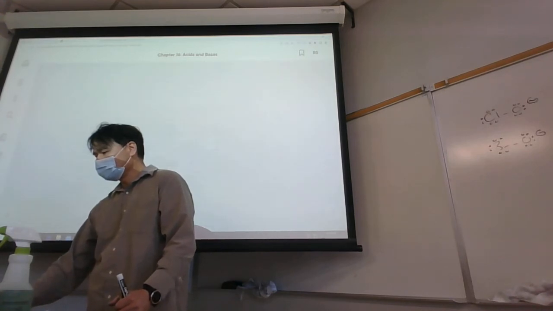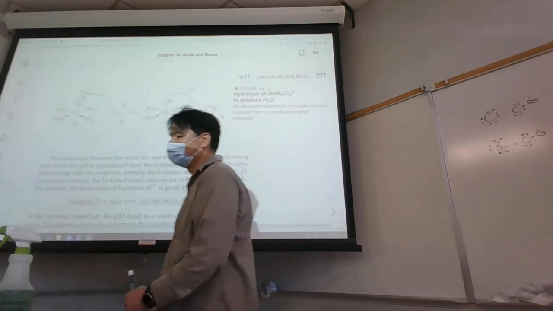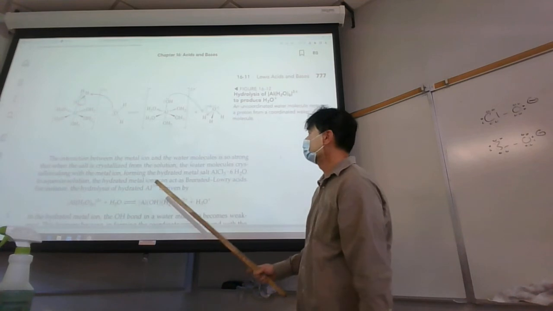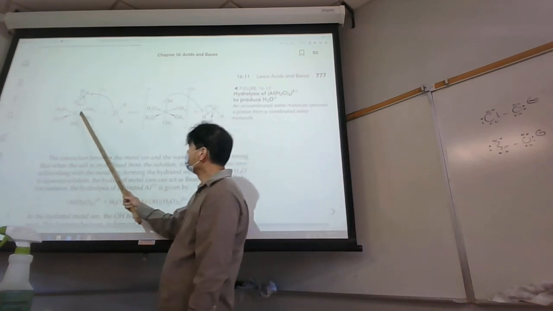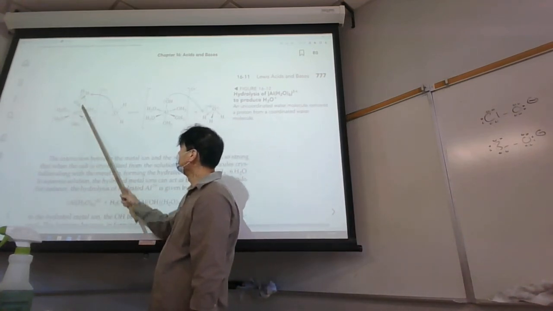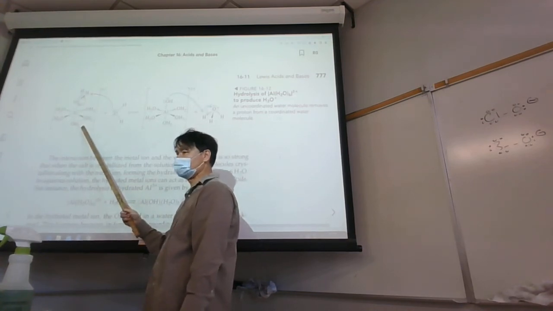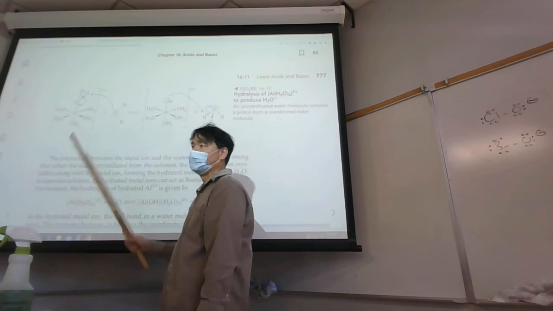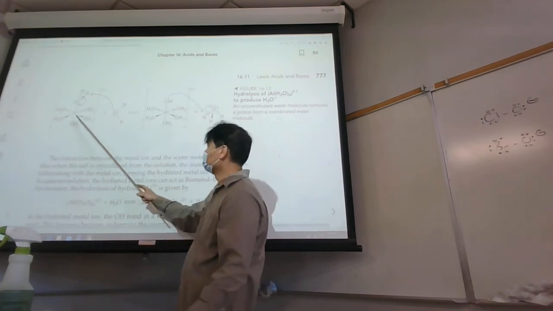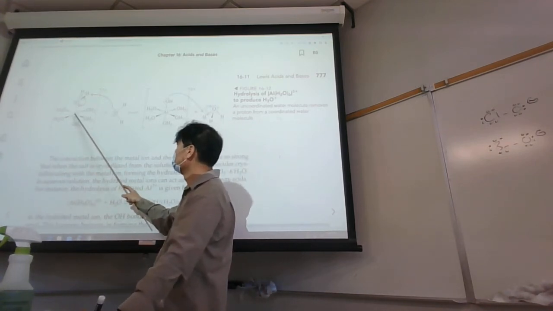Here we have the coordination. Okay, I think actually this is a little bit different. This is called hexa-aqua aluminum 3 ion. Hexa-aqua aluminum 3, did you know this stuff is more acidic than acetic acid? And that's because of the inductive effect. Aluminum is what charge here?